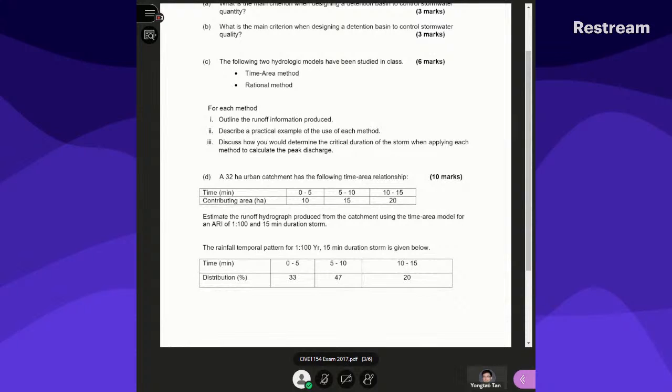So be careful, in this question the intensity is not given. So let me just think about how to get the intensity. I give you 10 minutes to think about these questions. Okay, attempt these questions.